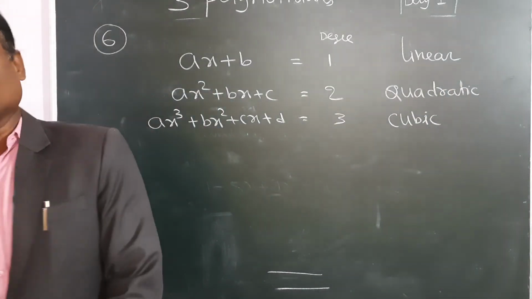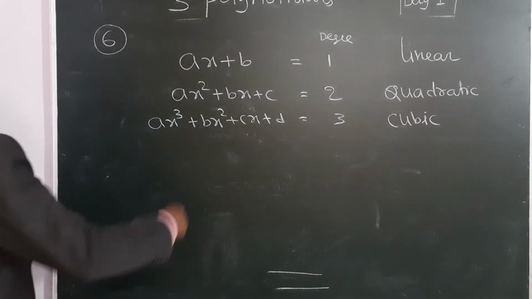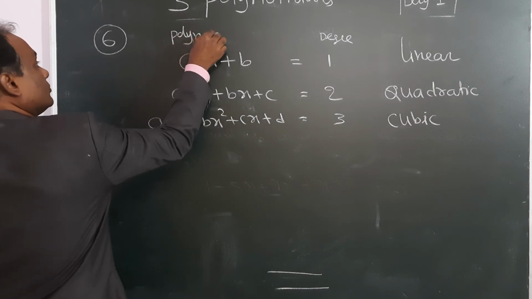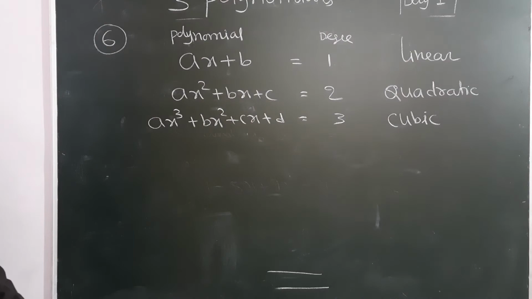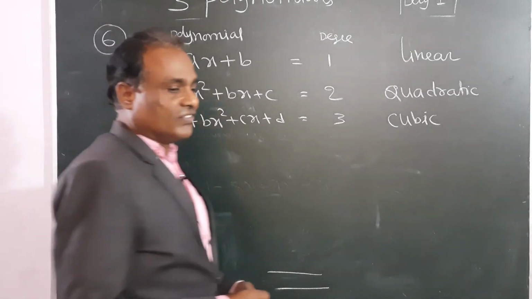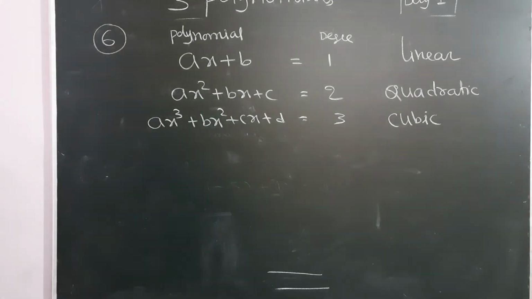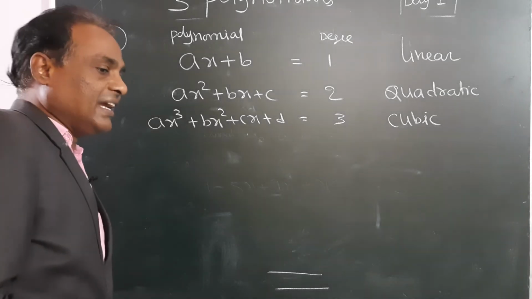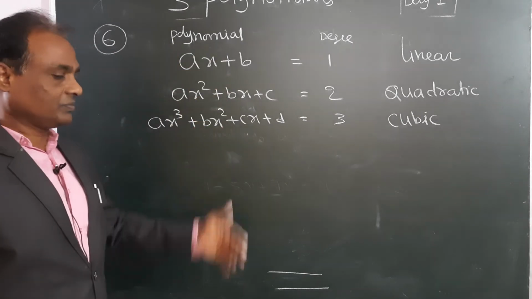If degree is 2, it is called quadratic. If degree is 3, it is called cubic. Write this example. Write down this.